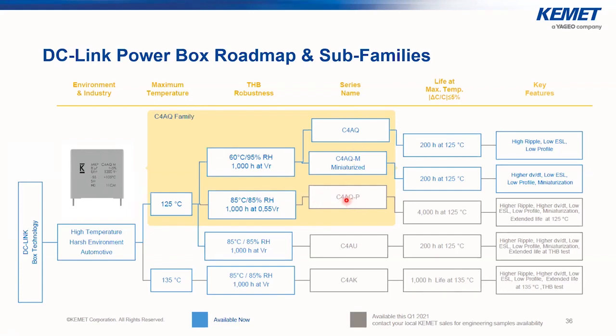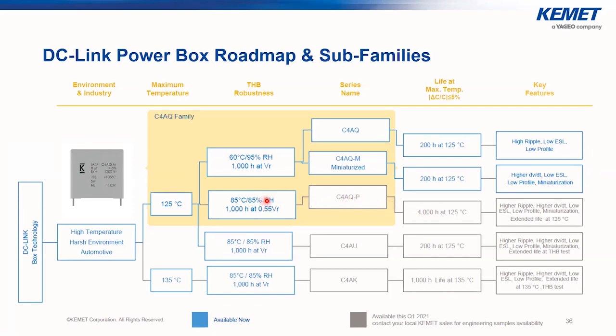Let's take an example. If you have requirements for electric compressors that need to operate at high temperatures, 125 degrees, but you don't need THB robustness because it is integrated in the compressor and it is hermetically sealed, in this case the C4QP would be the perfect series for you.